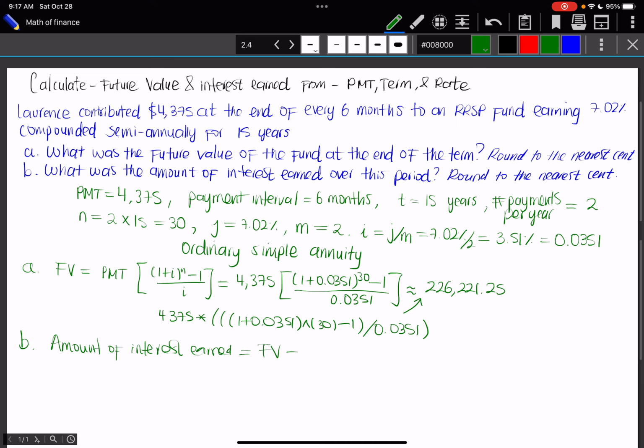And the amount invested over the term corresponds to n times PMT, because Lawrence contributed $4,375 twice a year for 15 years. The total amount contributed is n times PMT, where n is 30 and PMT is 4,375.